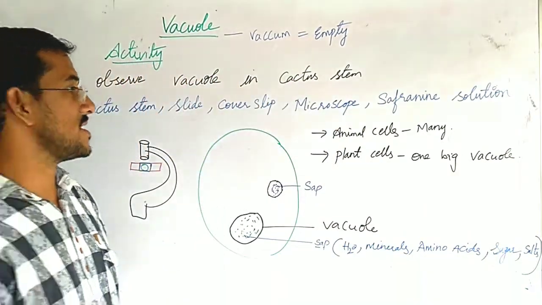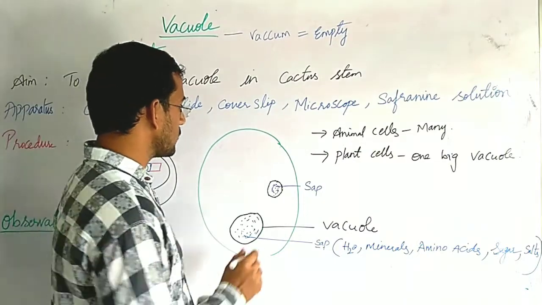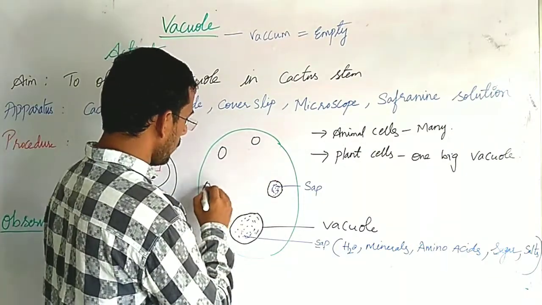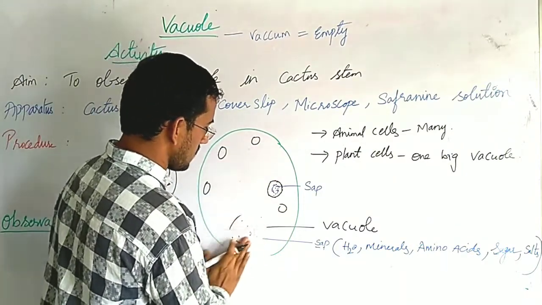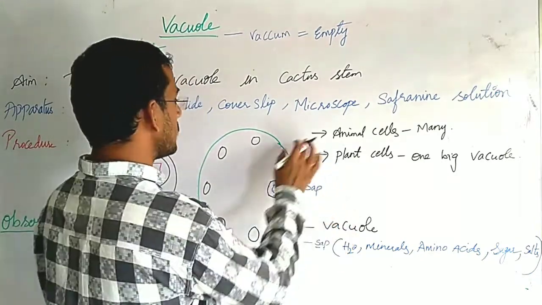So in animal cells, many small vacuoles are present. Like this, many small vacuoles are present in animal cell.